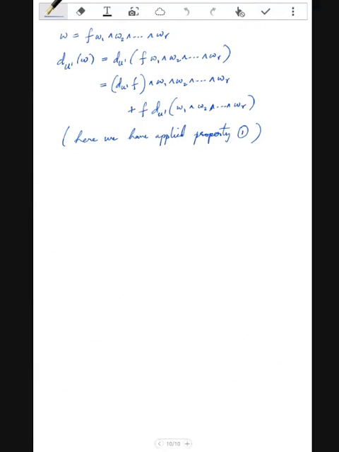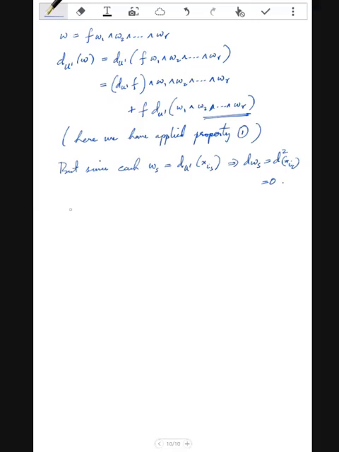Okay, and we can apply property 1 on this expression also, but since each omega s is du prime of a function xi sub s, this implies d omega s is equal to d square of xi sub s, which is equal to 0.